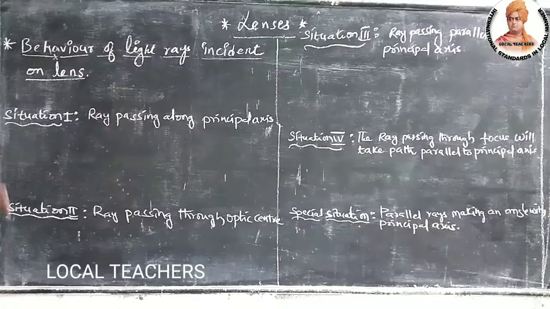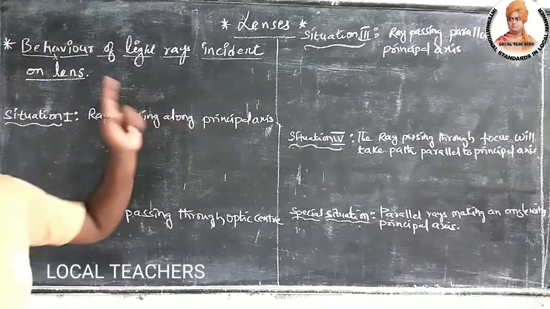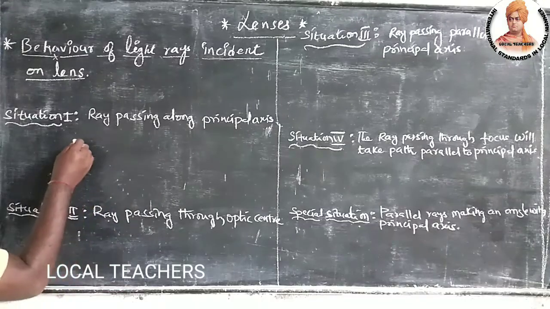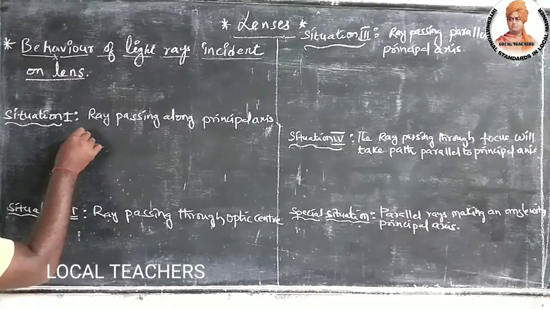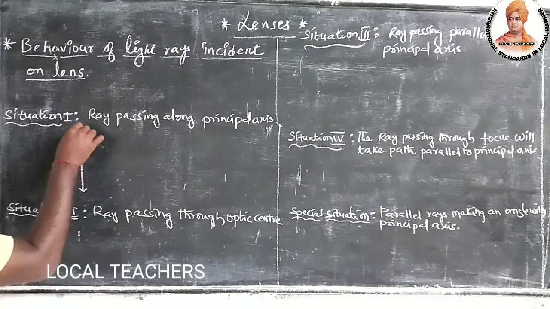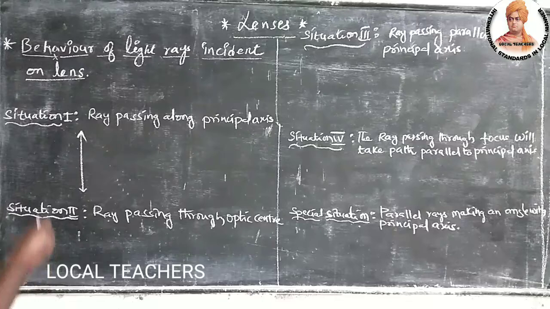So, situation one. In situation one, we are considering a ray passing along the principal axis. We will represent that with a diagram. Here it is a convex lens.